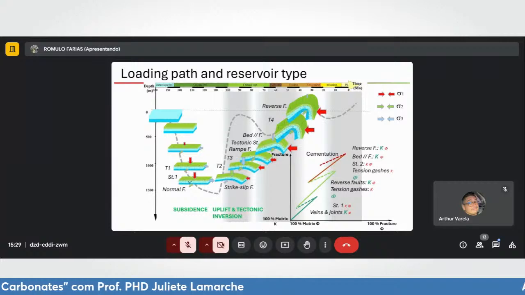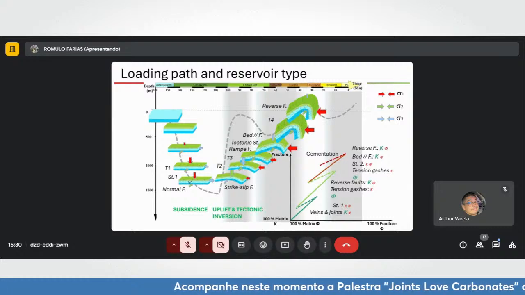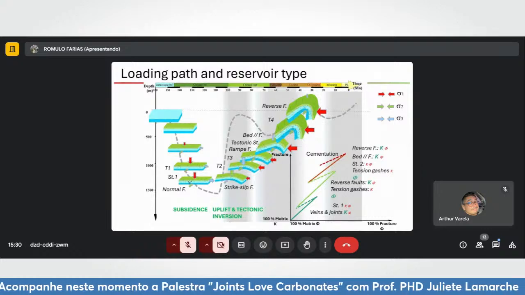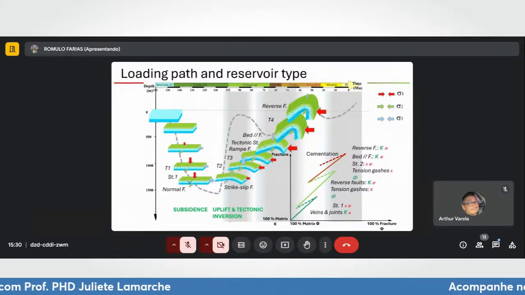Next step is the intense folding. So with the intense folding, we have bed parallel slip, we have tectonic stylolites, we have horizontal tension gashes, and a lot of reverse faults. So we have again an increase in permeability and porosity, and after diagenesis, again a little decrease.